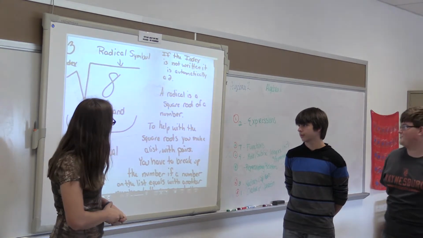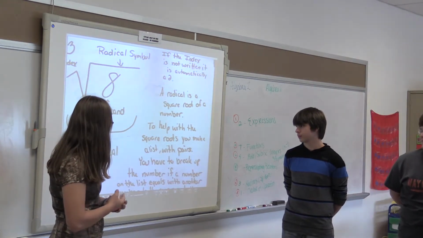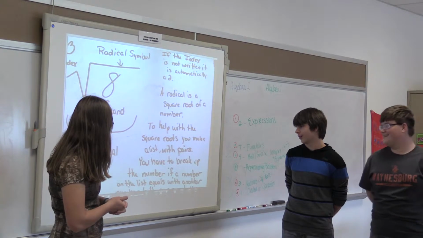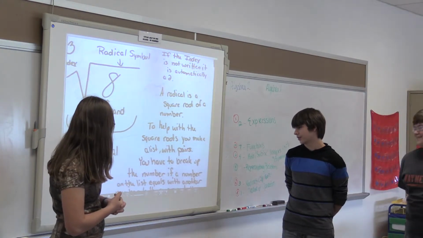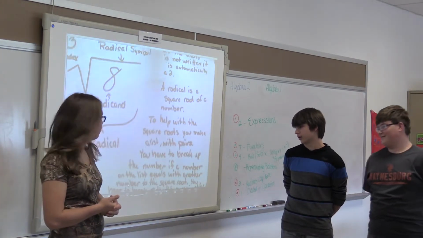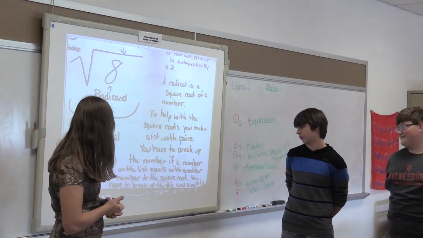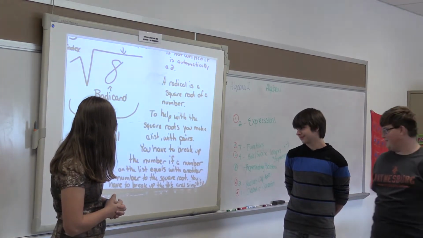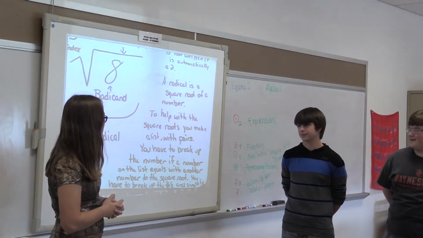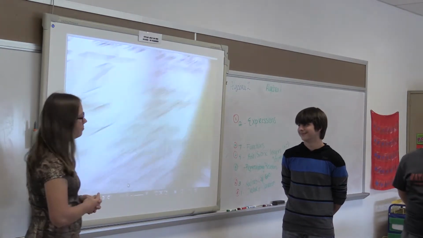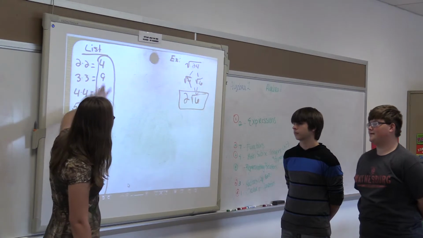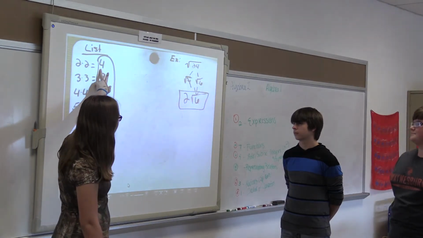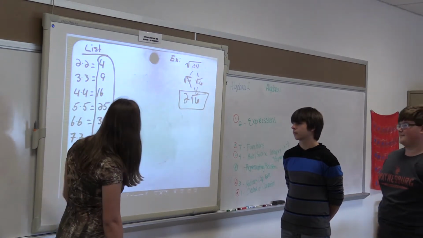To help with the square roots, you make a list with perfect squares. You have to break up the number if a number on the list equals another number to the square root. You have to break up the numbers and simplify. Okay, this is the list: 2, 3, 4, it goes all the way down.